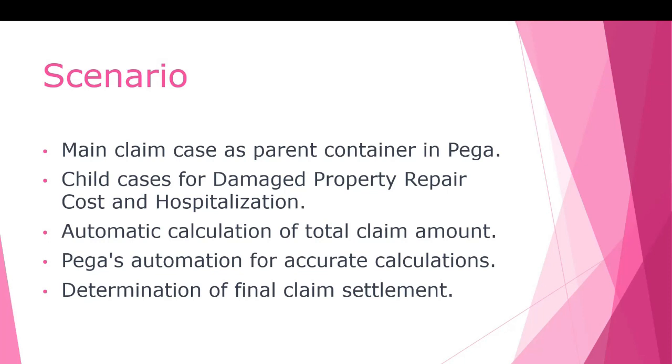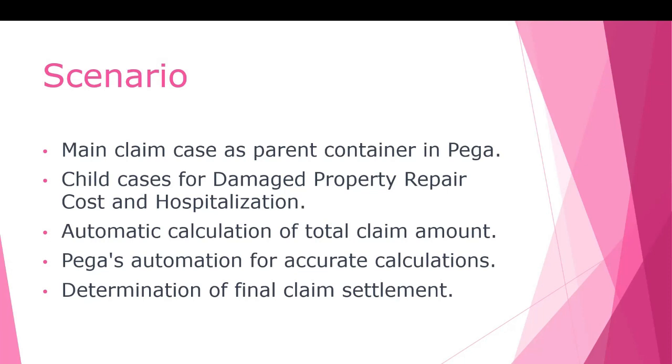And we will be going to calculate the sum of these two child case related properties. So Pega will take care of that. The calculation will be taken care of by Pega. We just need to configure how the calculation needs to happen, which are the properties that need to be used for the calculation.